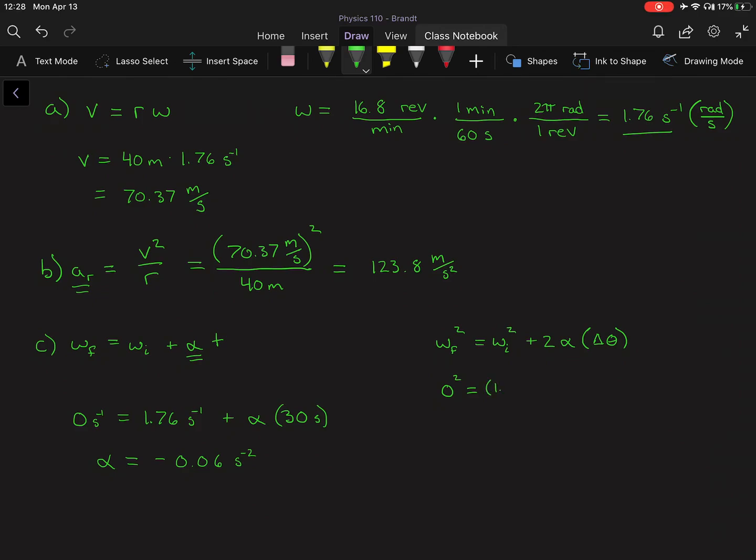Our initial is 1.76 per second. That's squared plus 2 times alpha, which we just found, which is negative 0.06 per second squared times delta theta. So that means that delta theta, when you solve it, is going to be 25.8 radians.